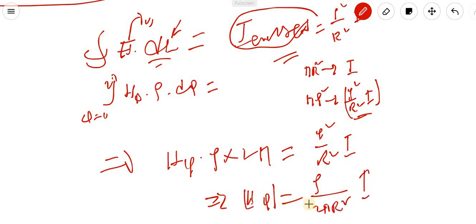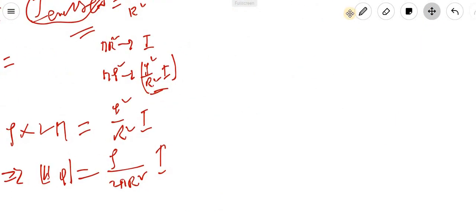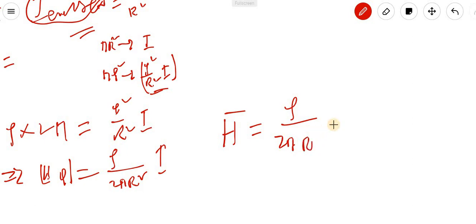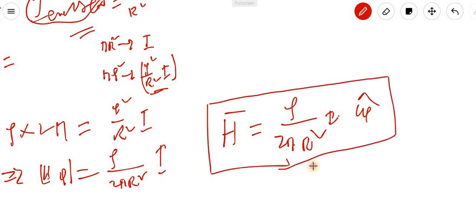This is nothing but the magnitude only. If you represent it in vector form, the vector field will be H = rho I over 2 pi R squared a phi. This will be the expression. Clear?